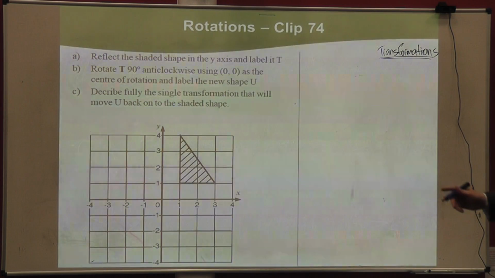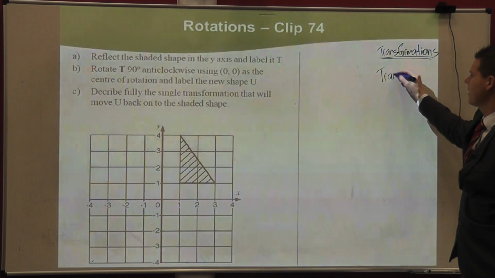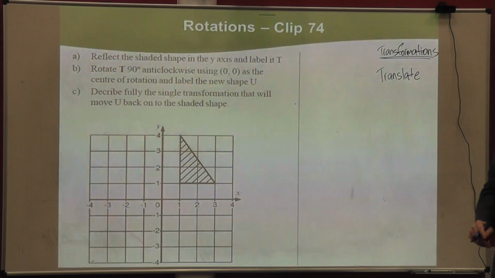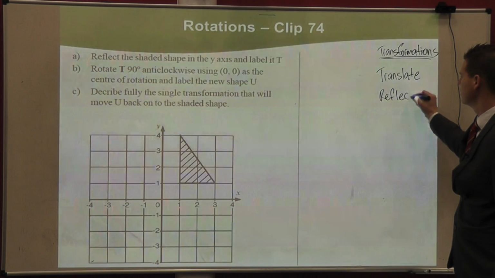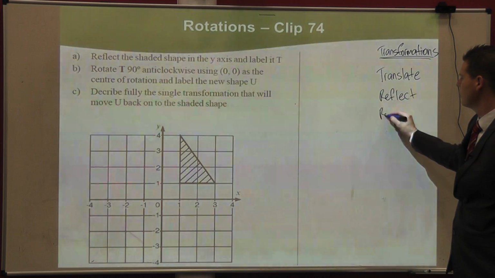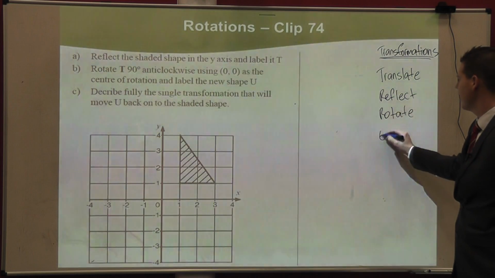The first we normally talk about is translation, or translate. The second is reflection, or reflect. The third is rotation, or rotate. And the fourth is enlargement.